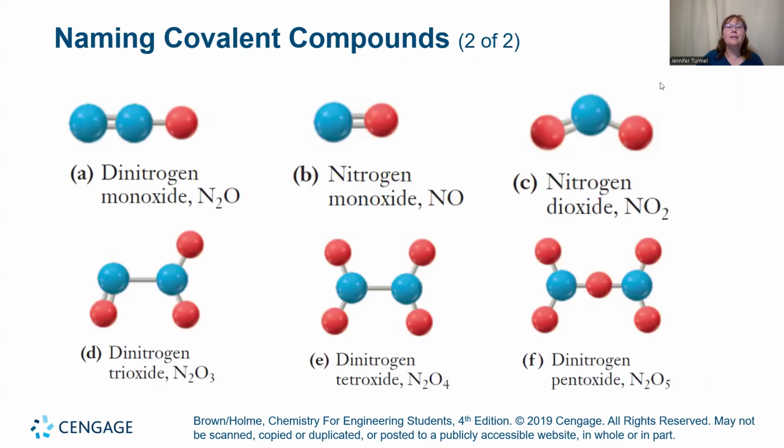Now here are some other examples that you can put in your list. These are ball and stick models. The blue ones here are nitrogen, and the red ones are oxygen.